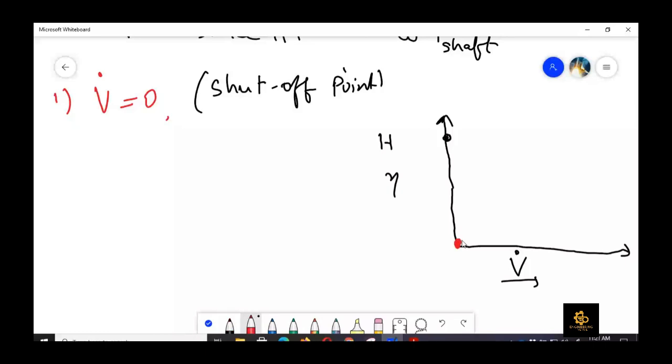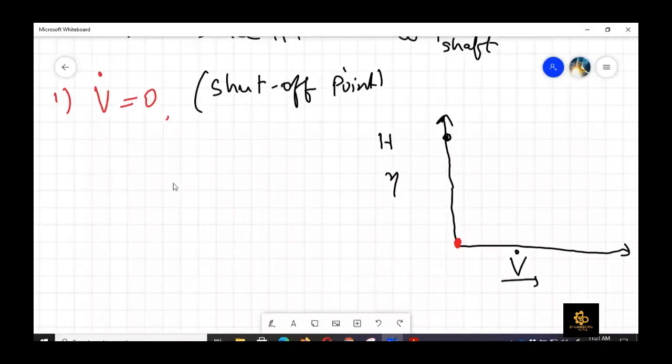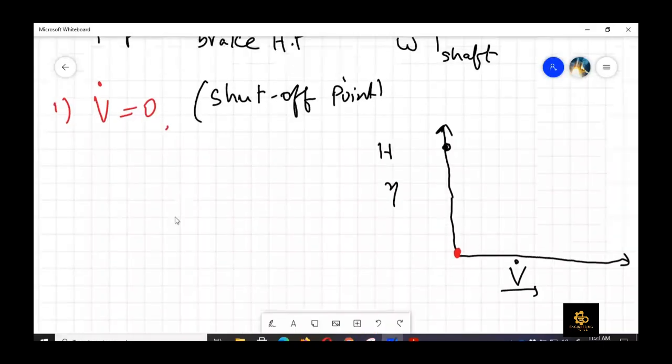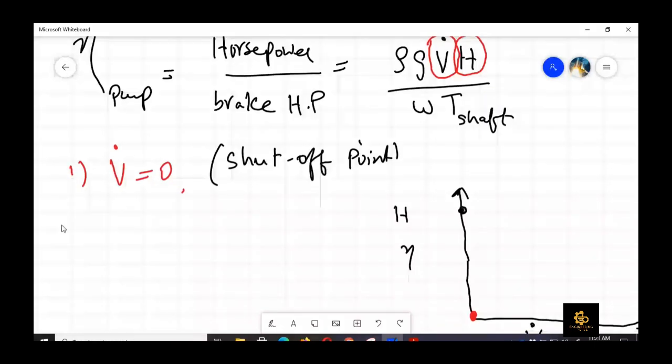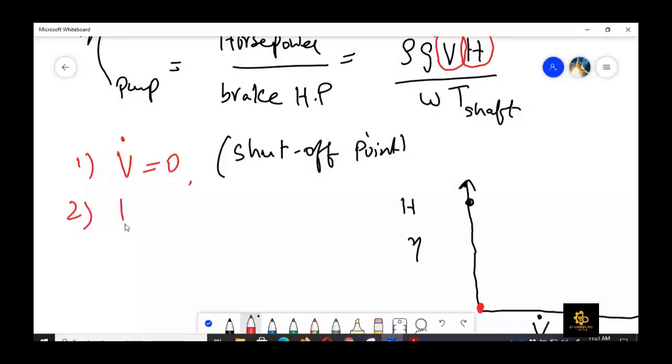Now the second scenario where we would have zero efficiency is when H is equal to zero. We call this free delivery. It means there is no impact of the pump. Whatever flow is coming in goes at the same head at the outlet.